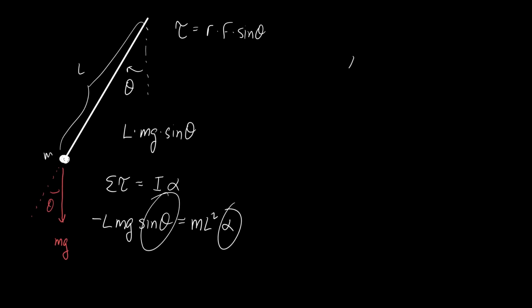Let's see. Alpha equals minus something over something sine theta. The top part of that something is LMG. The bottom part of that something is ML squared. You see how the M cancels out, right?